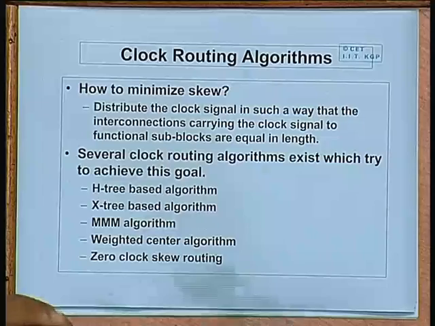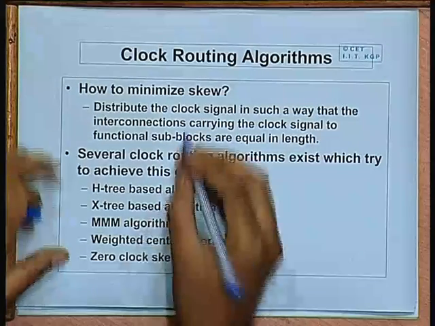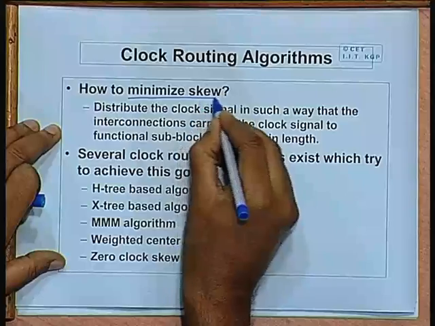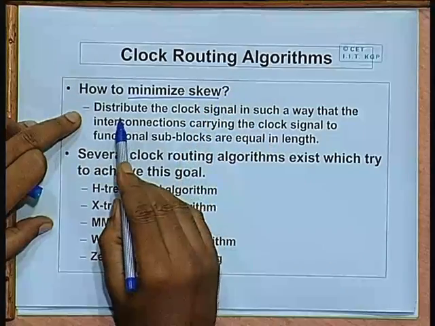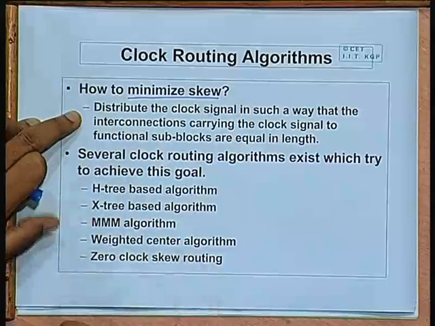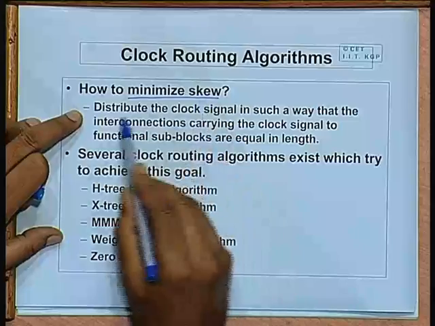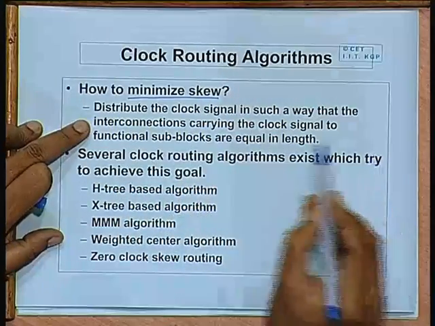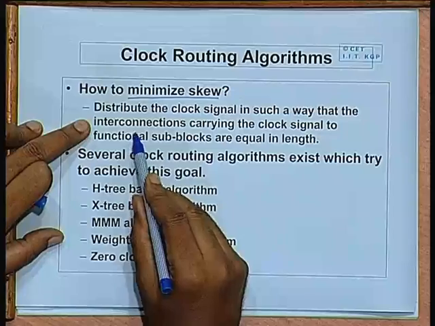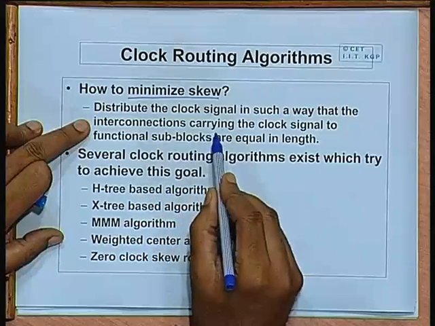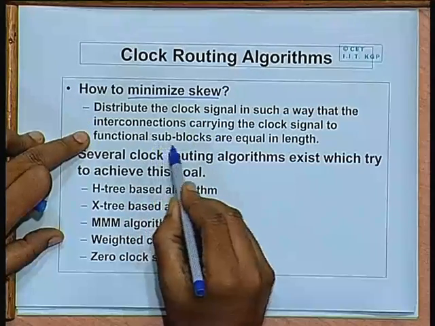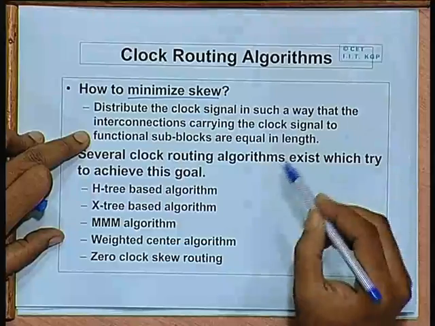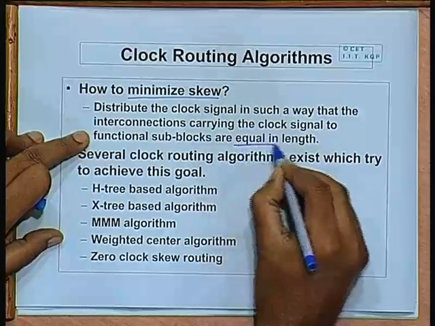So, clock routing algorithms, of course, the main issue here is to minimize the skew. So, the clock routing algorithms that have been proposed, they talk about distributing the clock signal in such a way that the interconnecting paths from the source to the final destination or the leaf nodes in the tree, they are equal in length.